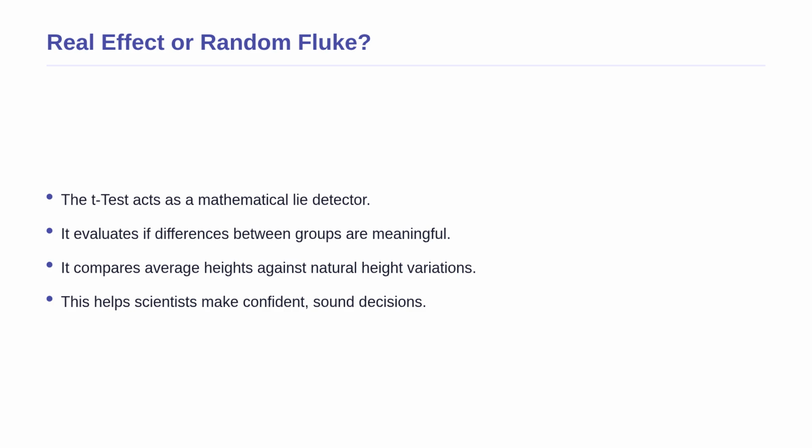It does this by looking at two things simultaneously: the average heights of the plants and how much those heights naturally vary within each group. By weighing the observed difference against the natural background variation, the t-test allows us to make confident, scientifically sound decisions, rather than just guessing.